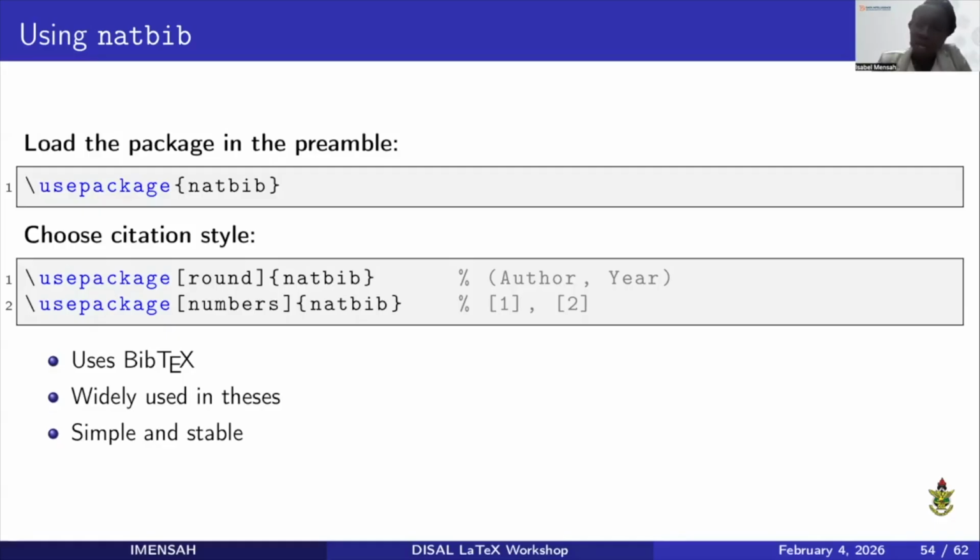But if you want an author-year, you can use the command round in the square bracket, and it will give you the name of the author and the year. All right. So we use BibTeX. It's widely used. It's simple and it's stable.